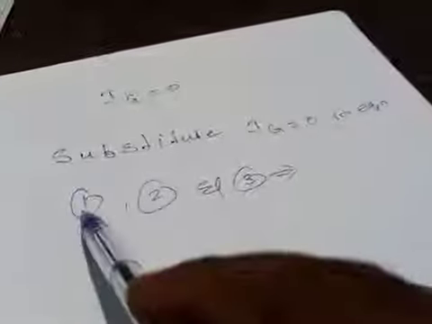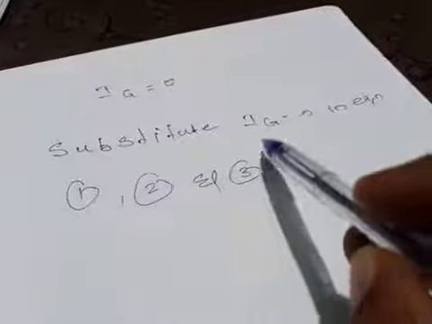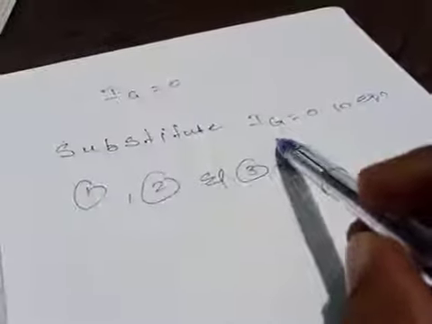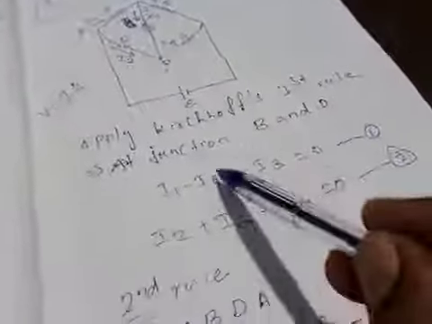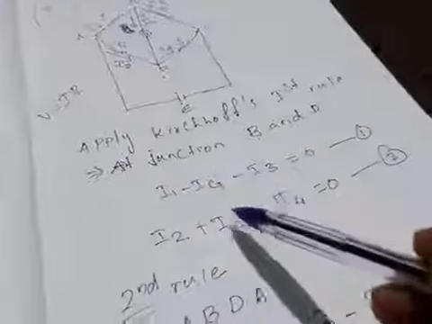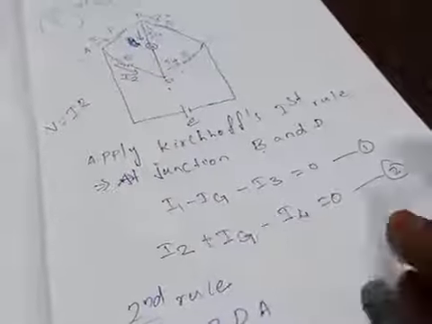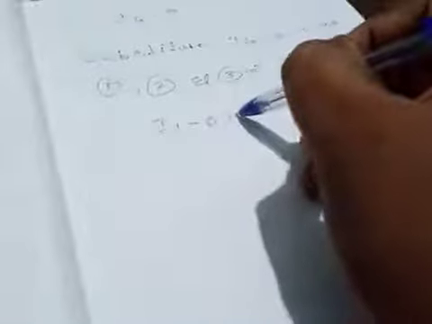In equations 1, 2 and 3, wherever Ig is there, you put 0. So in the first equation we are putting 0, and in the second equation we are putting 0. So the first equation: I1 minus 0 minus I3.